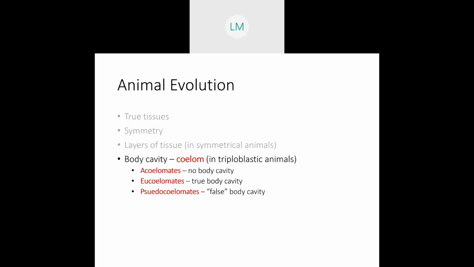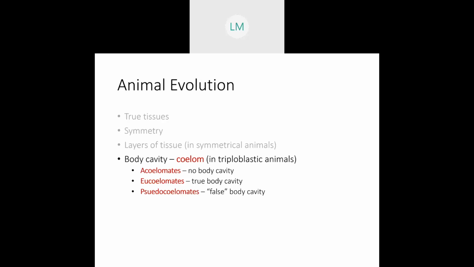So in some triploblastic organisms, they don't have a body cavity, so they are acoelomates. So that A in front of that word is going to be telling you that it doesn't exist here. Just like asymmetrical is no symmetry, acoelomate means that there's no body cavity. You have some animals that are classified as eucoelomates, so that EU prefix there always refers to something being a true.